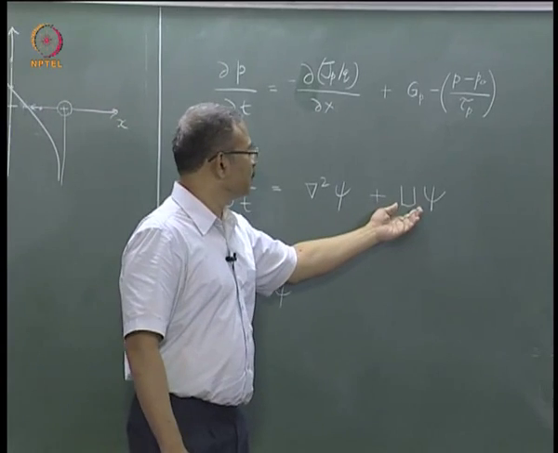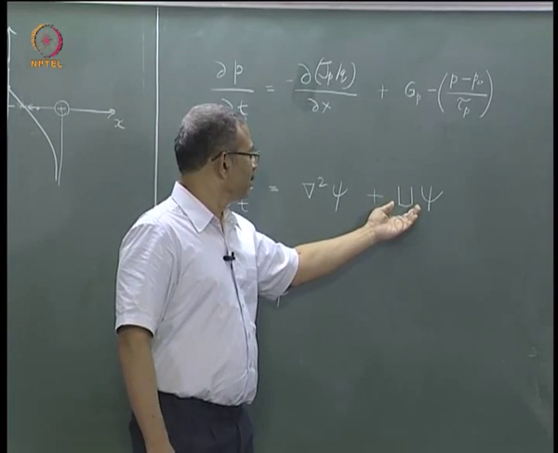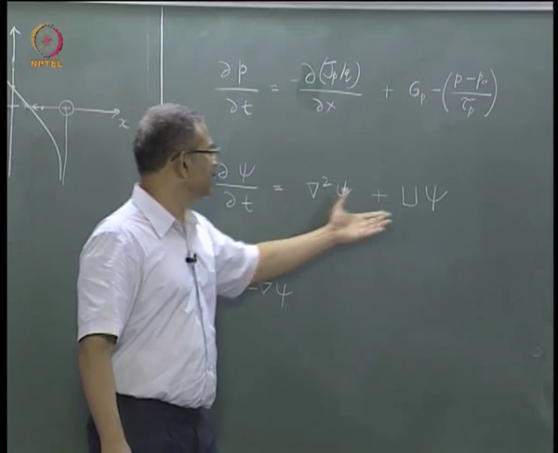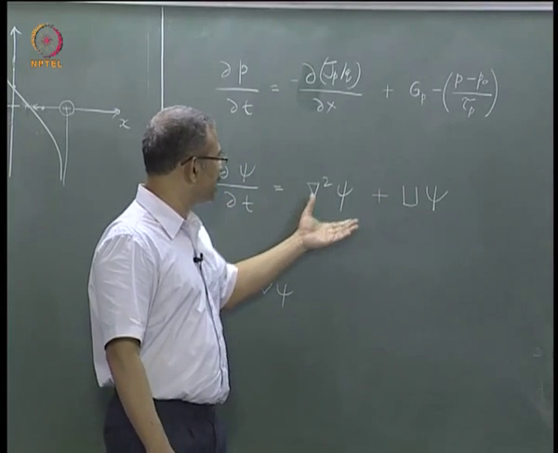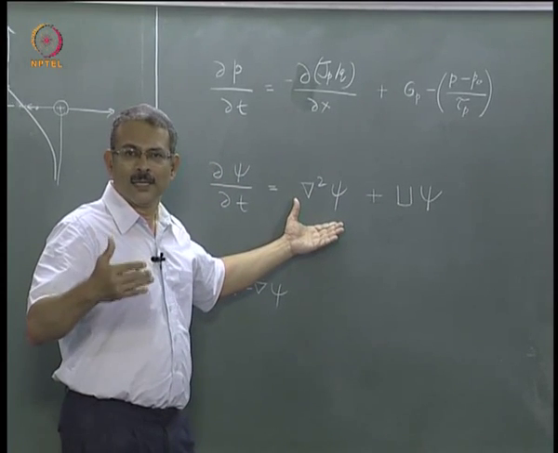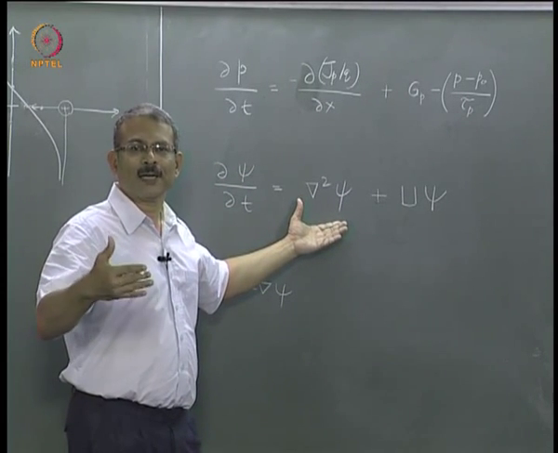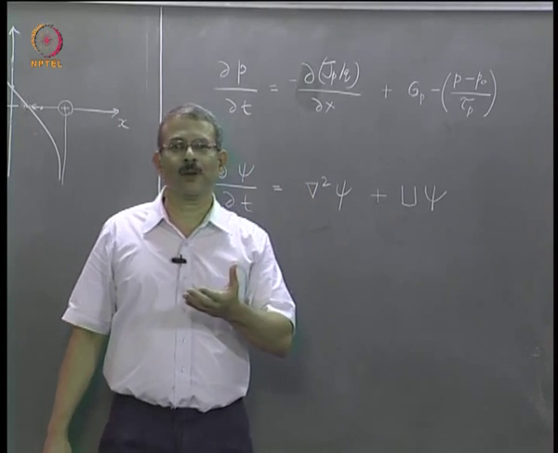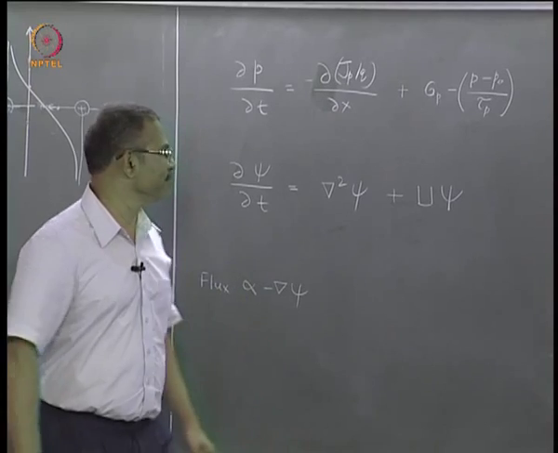Now U is potential energy. Now you recall that in the Schrodinger equation, the right hand side terms can be regarded as kinetic energy and potential energy. So kinetic energy is written, in the classical terms, as square of the momentum by mass, and momentum is of the form h cross k in the wave format.